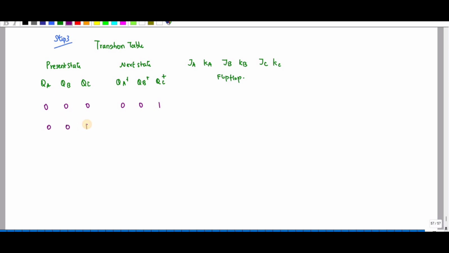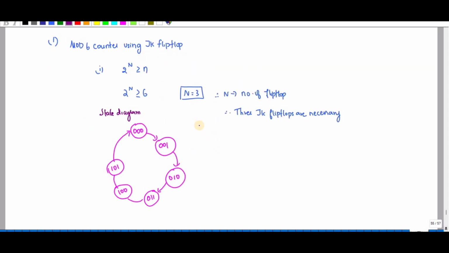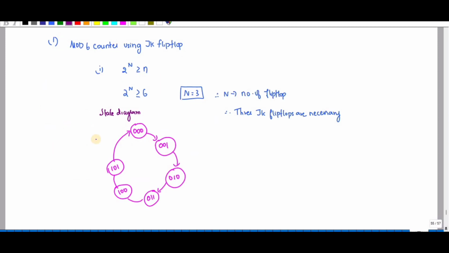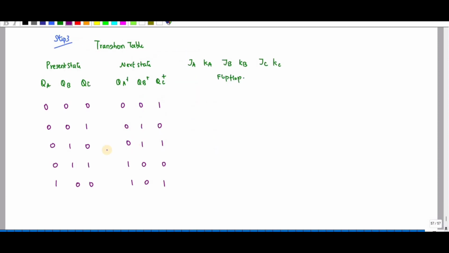If the present state is 010, the next state is 011. If it is 011, the next state is 100. If it is 100, the next state is 101. If the present state is 101, the next state is 000.